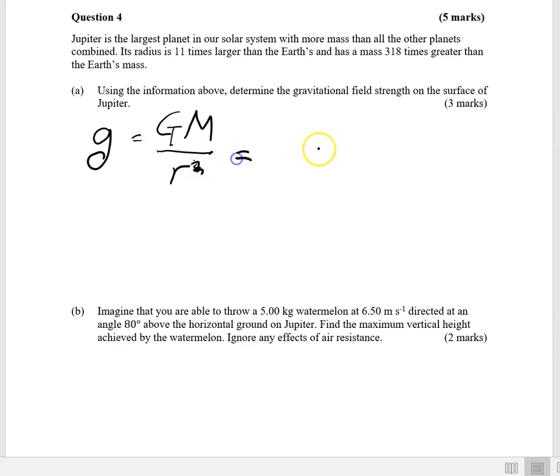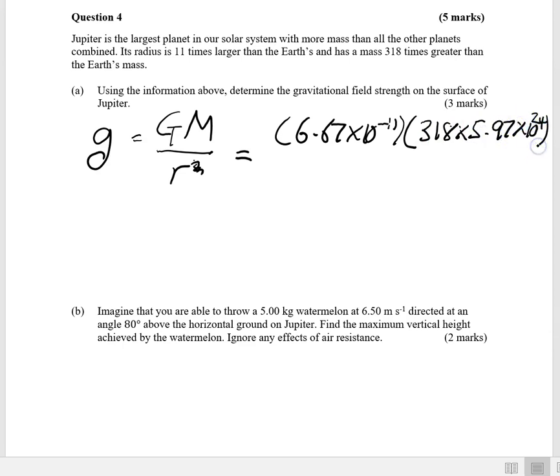So you just need to put in the values. The mass here is 318 times of the Earth. So you're going to take 318 times the mass of the Earth, which is 5.97 times 10 to the power of 24, close the bracket, and divide by r squared.